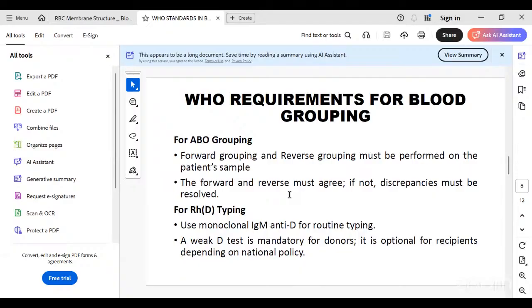You are supposed to use incomplete anti-D, and that is IgG anti-D anyway. And then you go ahead and confirm. You finish the grouping with AHG, that is the indirect antiglobulin test, like we are doing in indirect Coombs. Next slide, please.